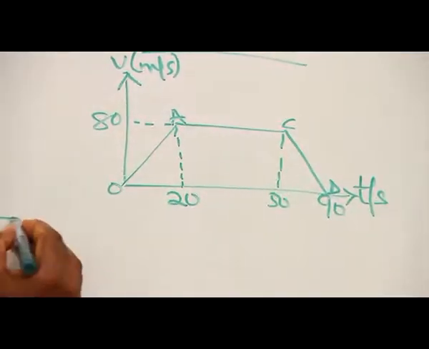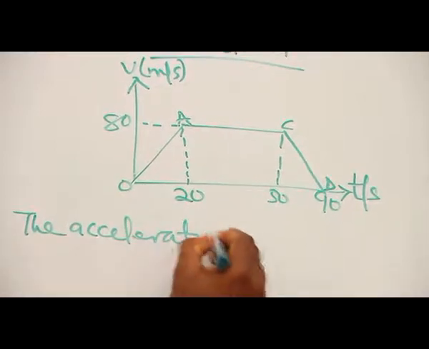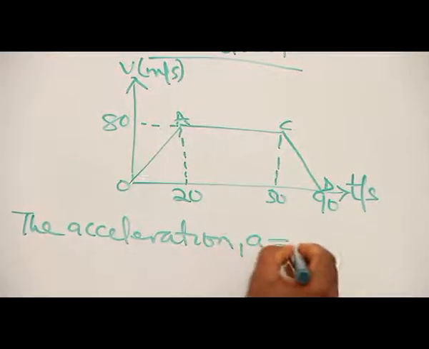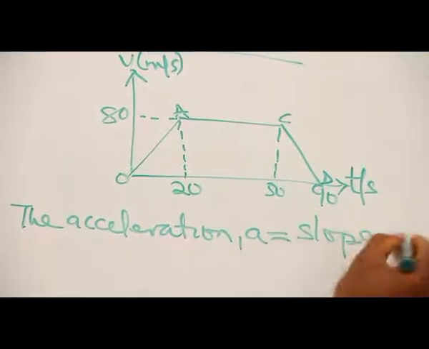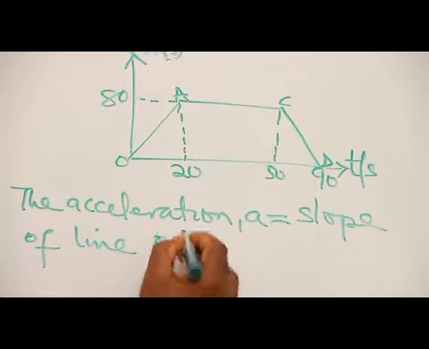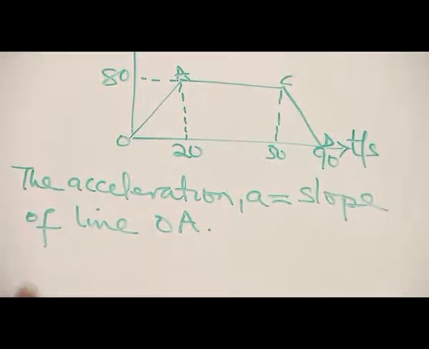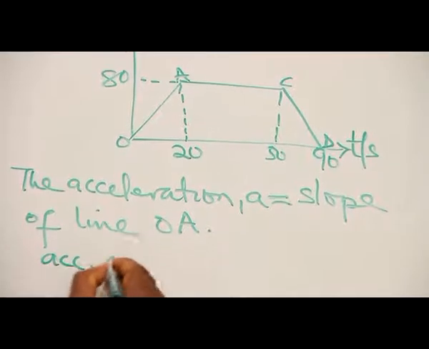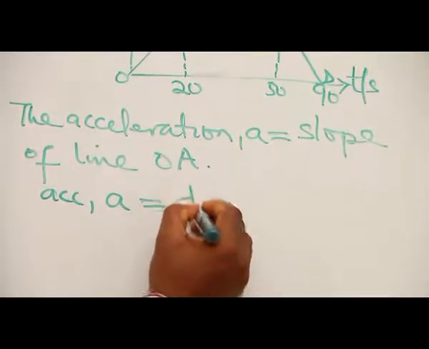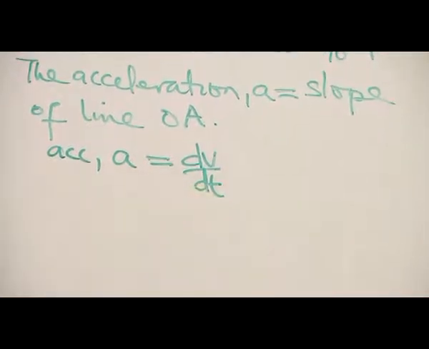The acceleration, small letter a, equals the slope of line OA, the line representing acceleration. So acceleration is change in velocity divided by change in time on that line.